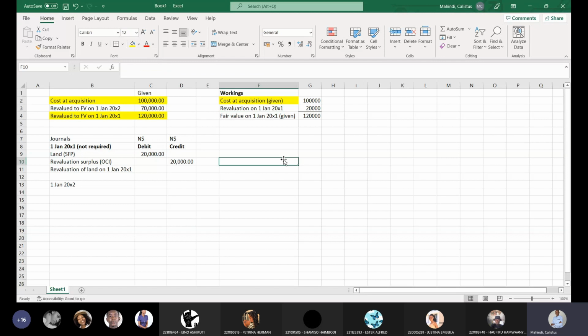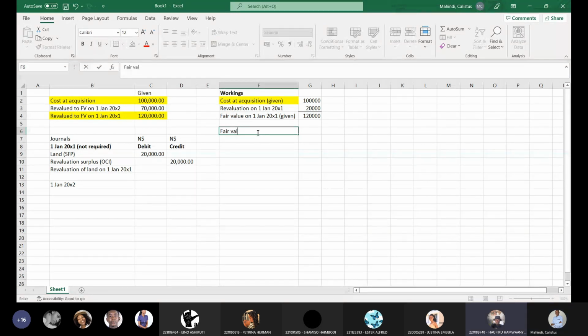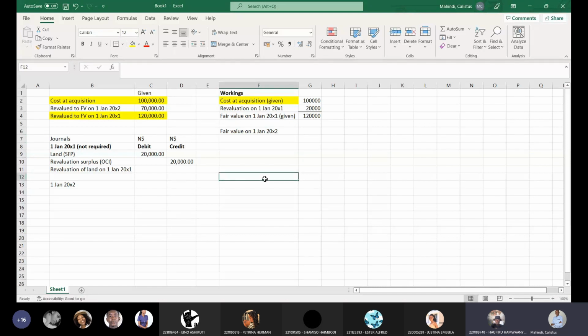In 20x2, it says that the land is now revalued to 70,000. So is there a decrease or an increase in fair value from the current fair value of 120,000 on 1st of January 20x2?